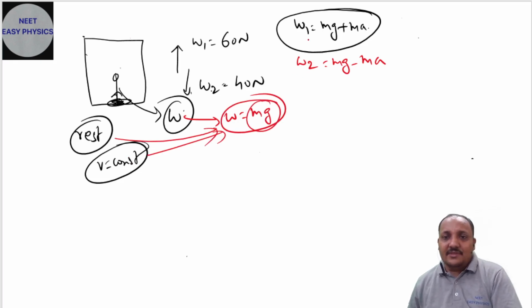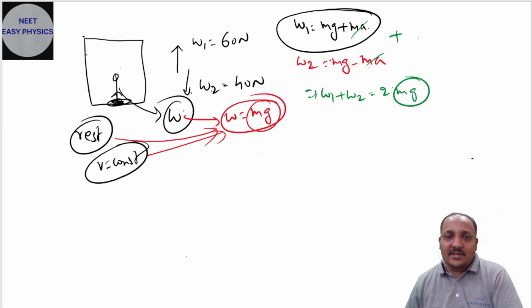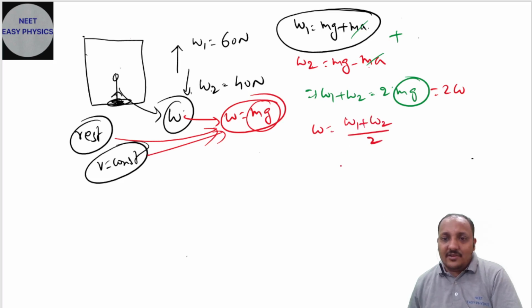So if you want mg from these two equations, ma should be eliminated. Therefore, add these two. If you add these two, W1 plus W2 equals 2mg, as ma will cancel. In place of mg, what can we write? W. So therefore, W equals W1 plus W2 by 2 is the weight when the lift is at rest or moves with constant velocity.